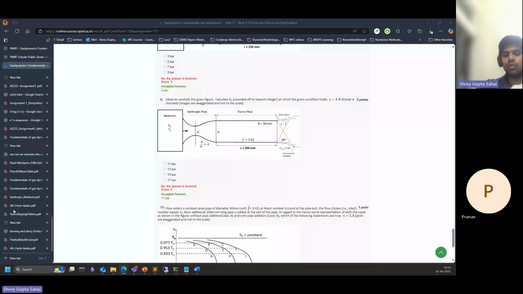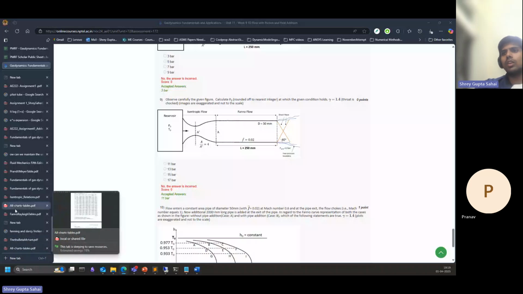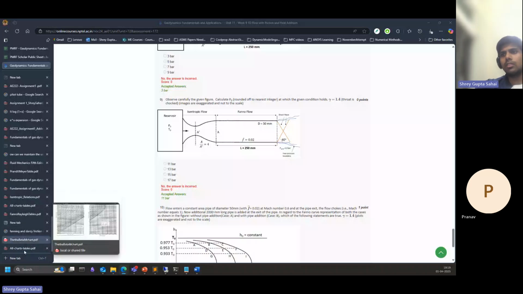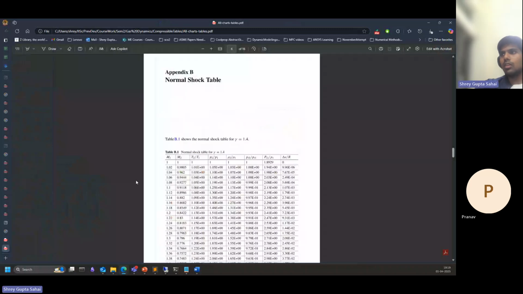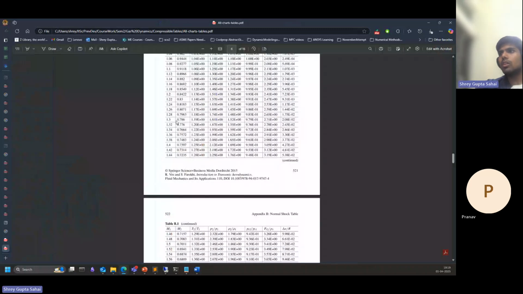If you have 1.24, then going to the normal shock tables, it gives you 0.8183. 0.8183 divided by sine of 60 minus 9.4 gives 1.05.